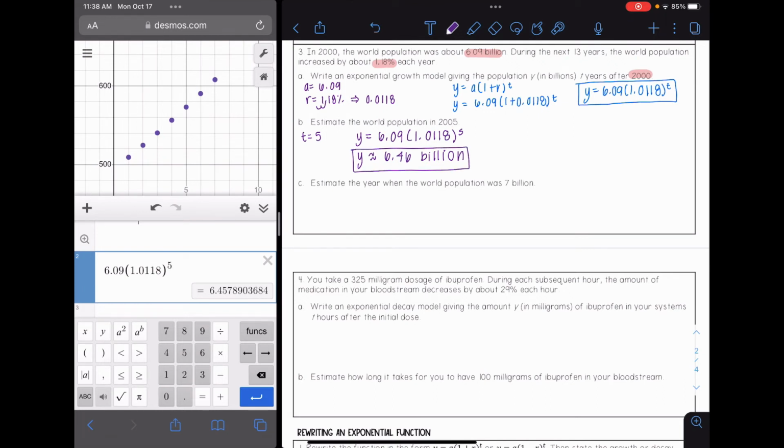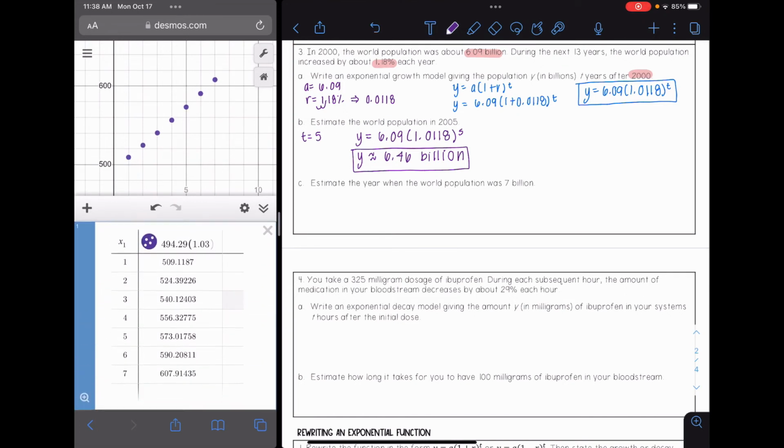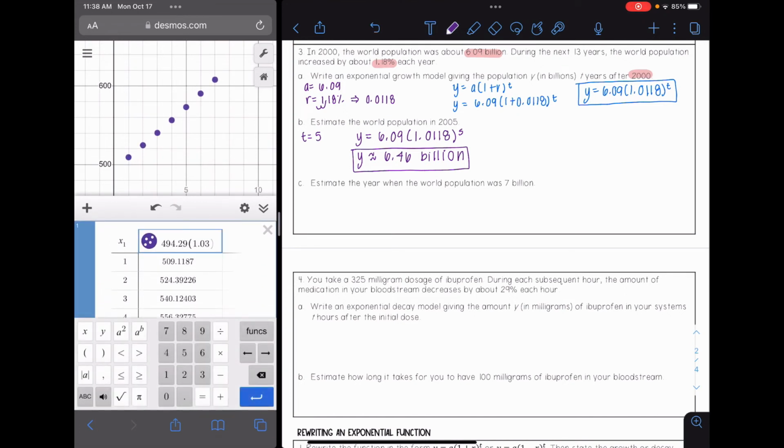Okay, and then C says to estimate the year when the world population was 7 billion. So you could go ahead and plug in numbers into this equation, or we can use our chart again. I'm going to go ahead and use the chart. So I'm going to replace this with our new function. So that is 6.09 and then 1.0118.